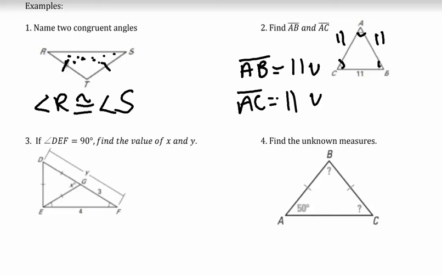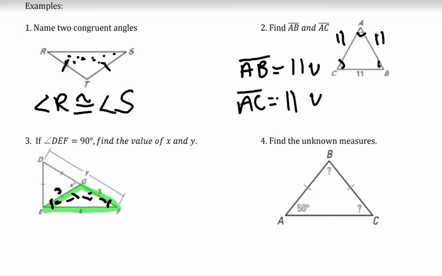If I look at the triangle where I have numbers first, what can I conclude about that triangle? I can conclude it's isosceles because this angle is congruent to that angle, which means its corresponding sides are congruent. So if that's 3, that's 3. Okay, so I filled in everything I need to know for that green triangle.